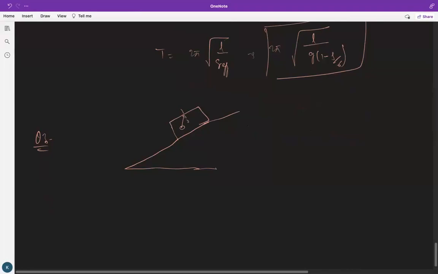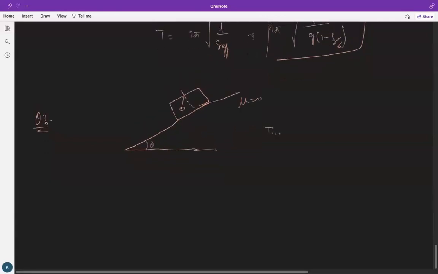And this is its mean position, obviously. The coefficient of friction is 0. That means the surface is smooth, and the wedge is inclined at an angle of theta. So you have to find the time period of the simple pendulum.